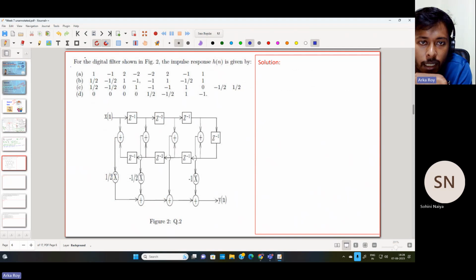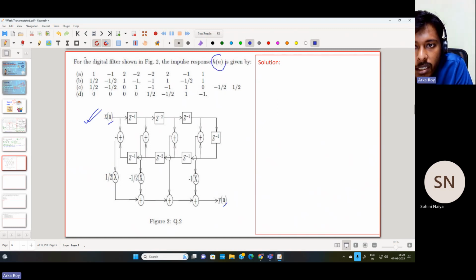In the next question, a filter is given. This is also an infinite impulse response filter, where the response is given in terms of y(n) and x(n), and the impulse response h(n) is given by.